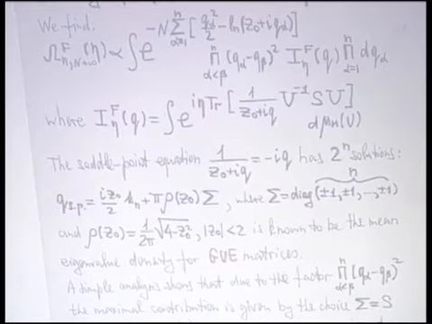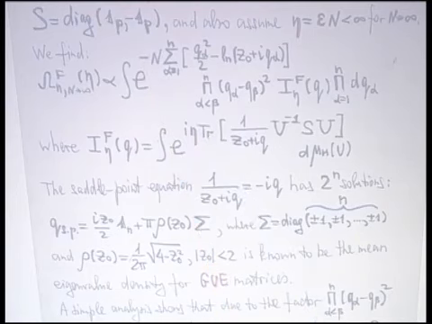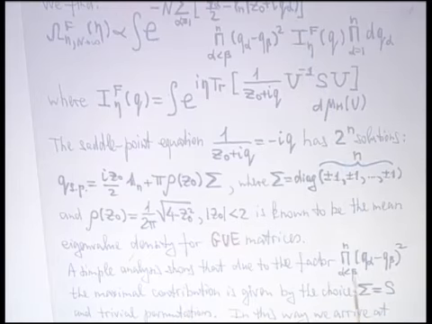So I consider this particular case. Okay, so S is now diagonal. It has ones and minus ones. The first half is ones, and the second half is minus ones. And we also assume, in the same way as yesterday, that the imaginary part scales with n in such a way that the product stays finite when n tends to infinity. And I'd like to perform the large n limit and extract the corresponding behavior of this correlation function in the large n limit.